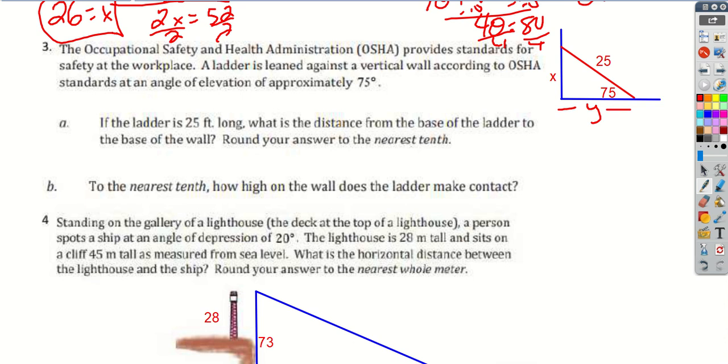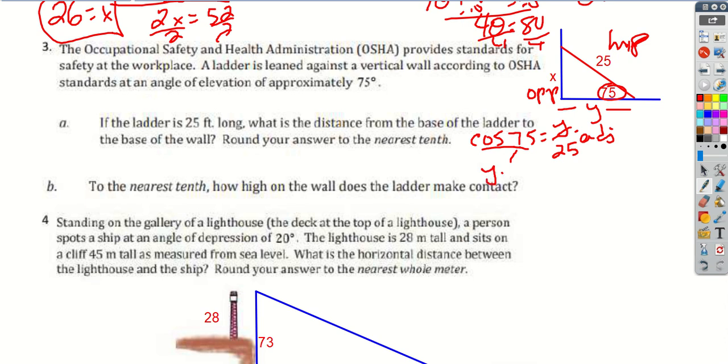So we're going to find y first. From our angle, here's our adjacent side, our hypotenuse, and then this is our opposite. So we're going to pick cosine to start with. Cosine of the angle is equal to the adjacent side over the hypotenuse. Cross multiply.